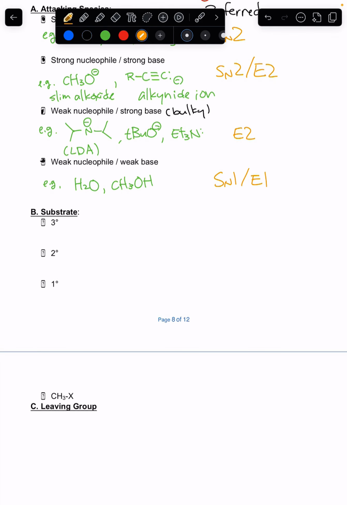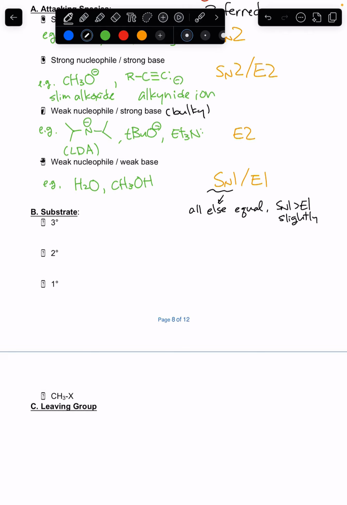Maybe one note here about SN1, all else equal, SN1 is often slightly favored over E1, as a rule of thumb.